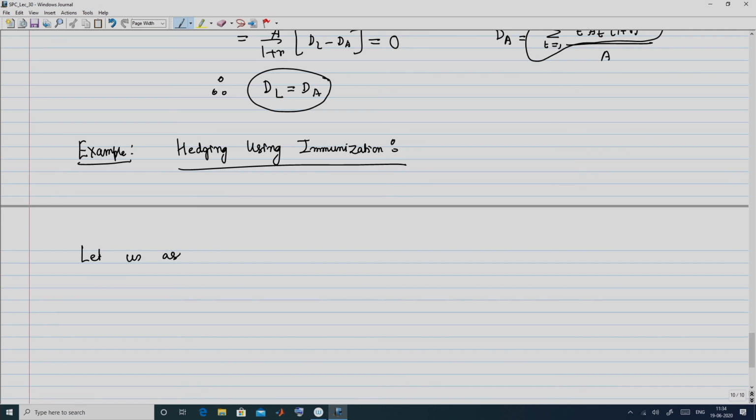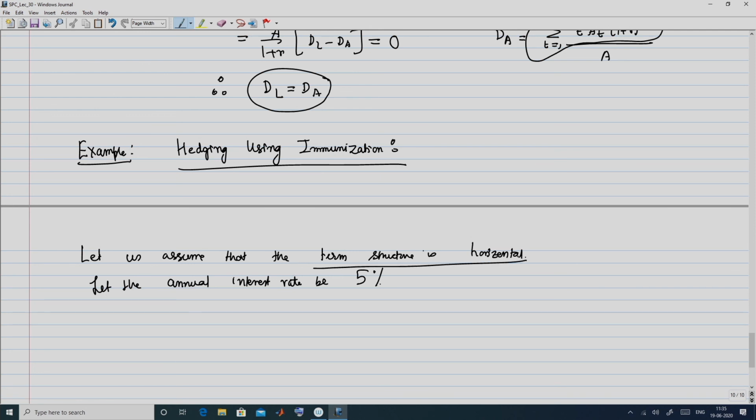Let us assume that the term structure is horizontal, and let the annual interest rate be 5%. So, that means there is a 5% interest rate for all maturities, because I have assumed that the term structure is horizontal.